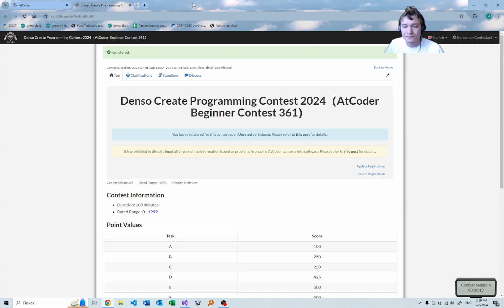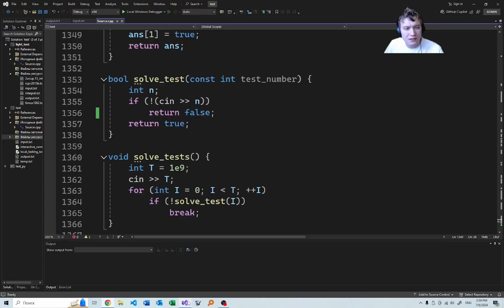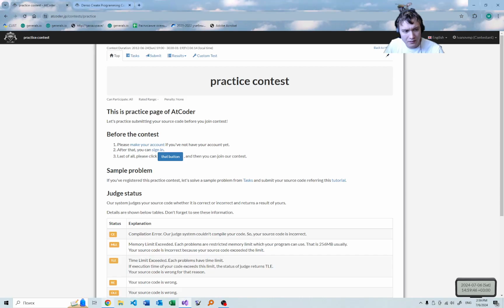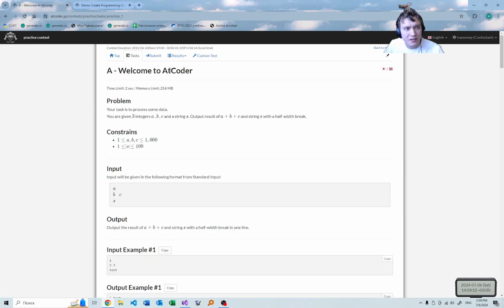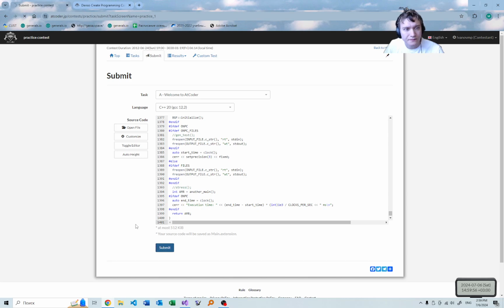Funny. Okay. We don't have much time for this. So let's check that it at least compiles, because I have a long template and maybe AtCoder won't be able to process it.